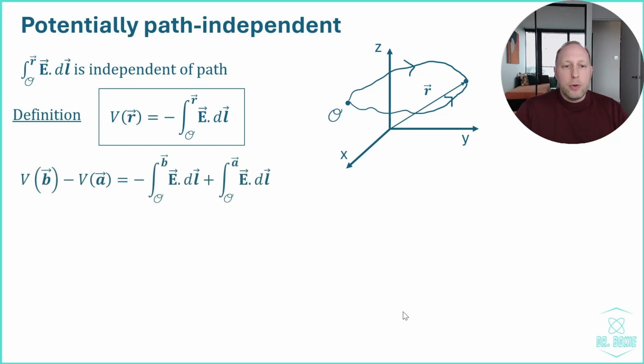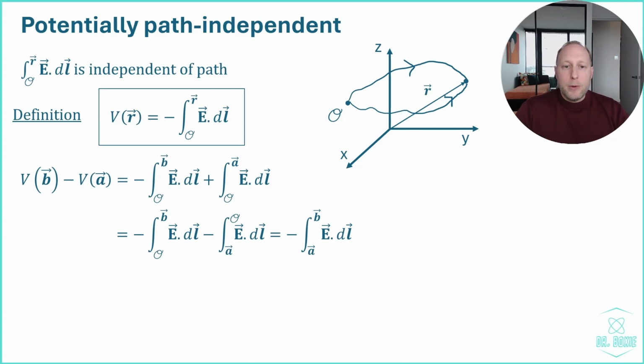Well, if we choose two points in space A and B, V(b) minus V(a) is equal to the difference of these two integrals, and if we switch the order of the boundaries on the second integral, we get the expression below it here.